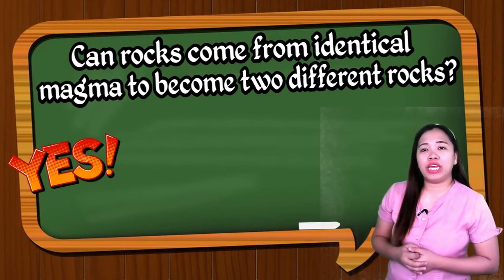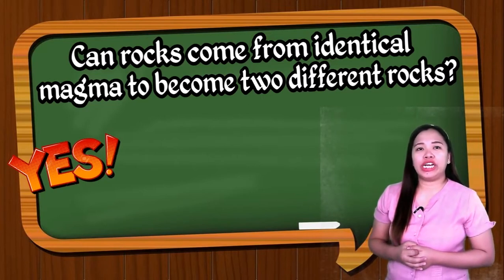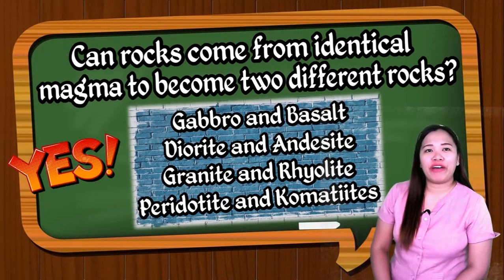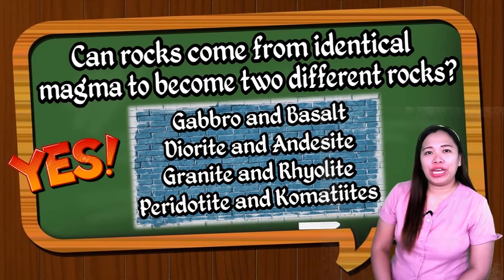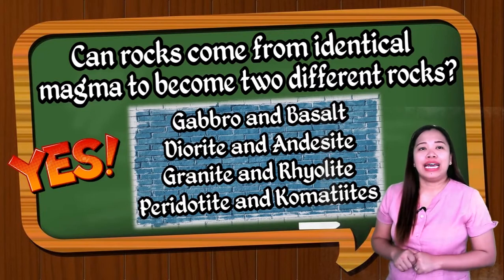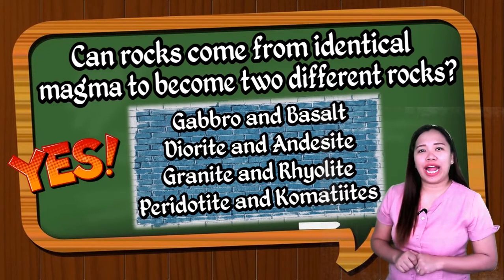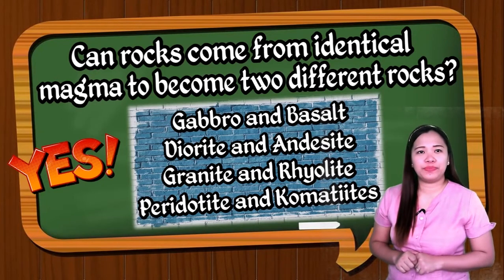One can become an intrusive rock and the other an extrusive rock. For example, gabbro and basalt are both mafic rocks, but gabbro is intrusive while basalt is extrusive. This applies too with diorite and andesite, granite and rhyolite, and peridotite and komatiites.